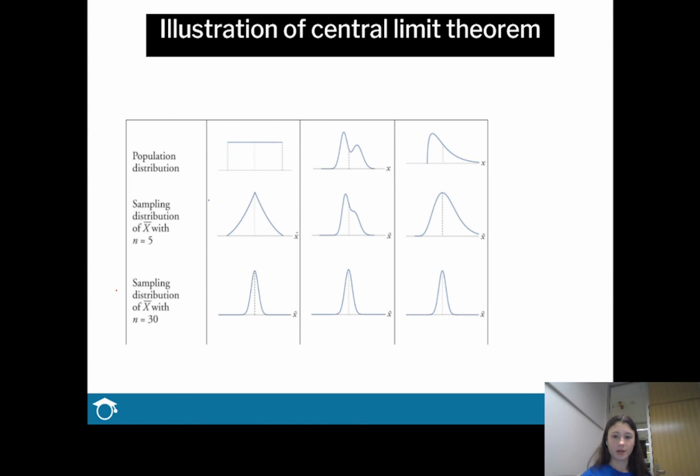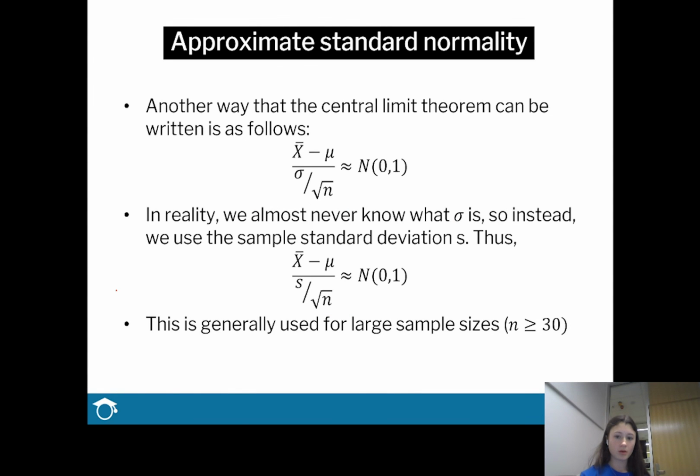So this can be seen here as well. As more samples are taken for each shape, they resemble the normal curve more and more. So this is another way to state the central limit theorem, which is also related to the z-score, and I believe that's on the formula sheet.